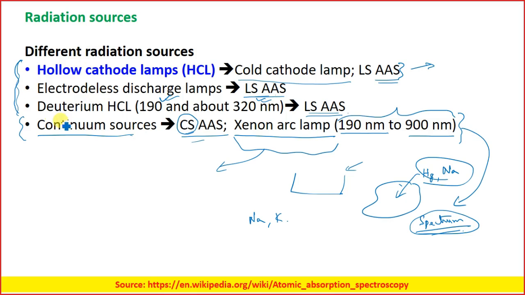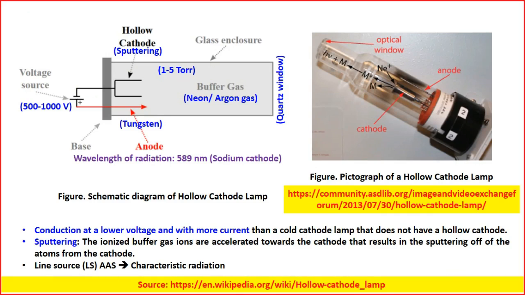Among these three, the hollow cathode lamps are commonly used in commercial AAS, and we will be discussing the hollow cathode lamp here. Now this is a schematic diagram of the hollow cathode lamp.